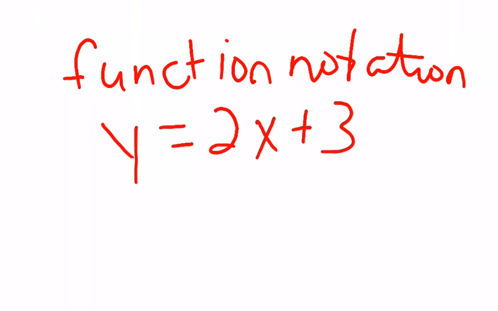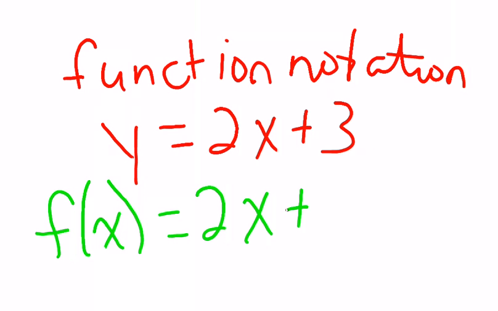And so we would have to run those function tests on it in order to determine that. Whereas we can just write it with new notation, function notation, and so that would just tell us right away that it already passed our function tests. So function notation just changes that y to say f of x equals 2x plus 3. So this right here is just function notation. Again, it means it follows the rules of what it means to be a function.